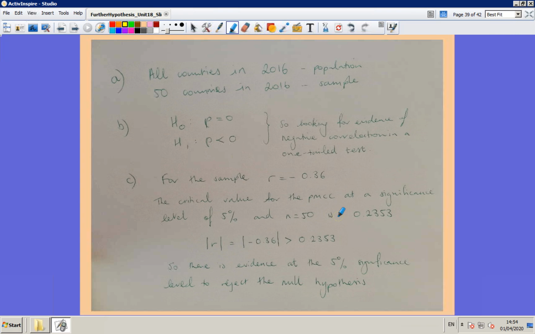Now, if you like, you can think of that as negative 0.2353, and our R value is more negative than that, so it's closer to perfect negative correlation. Or you can think that the modulus of our R value, which is the modulus of negative 0.36, is bigger than 0.2353. And so we have evidence at the 5% significance level to reject the null hypothesis.